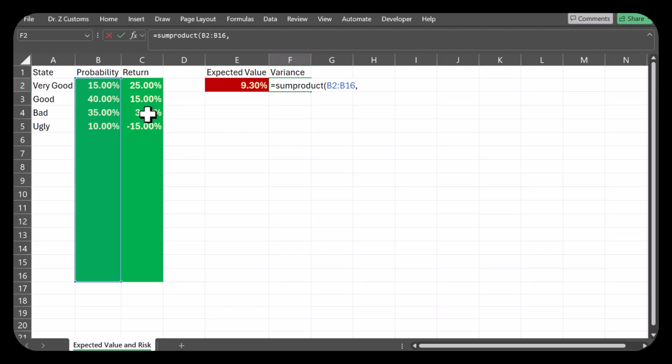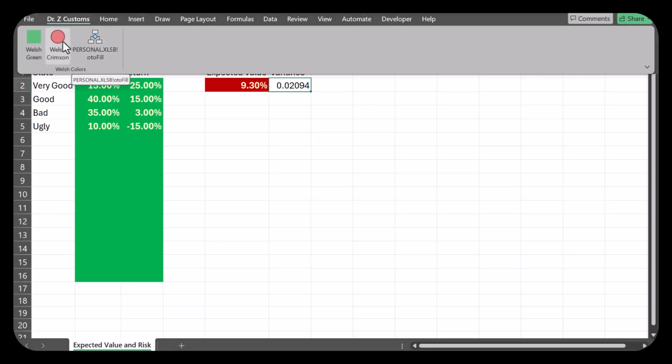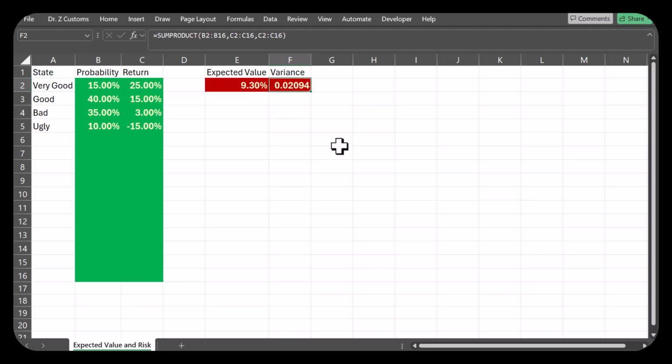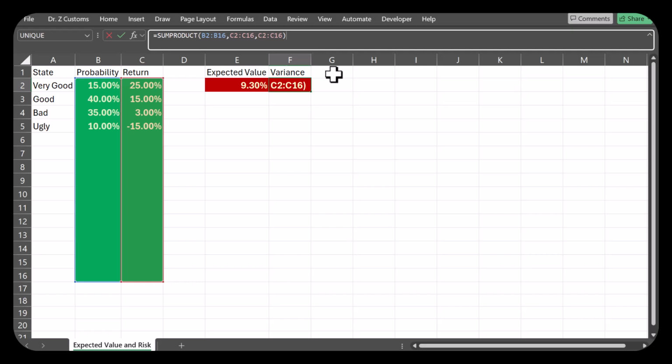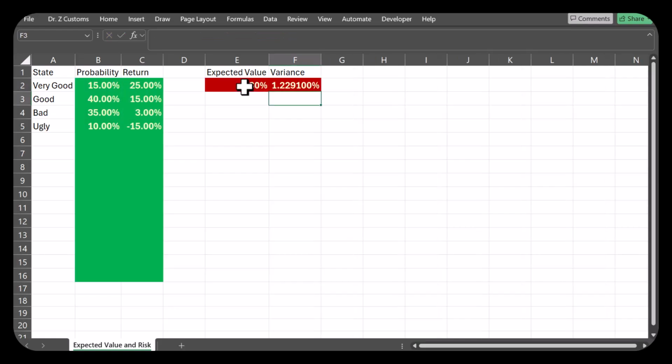If you have three columns, it's going to multiply the items in each row. Well, how do I calculate the square of something? I multiply it with itself, right? So in the SUMPRODUCT, I'm going to take the probability, the return, and the return again. This actually gives me the squares of the return. But of course, I want the variance, so I'm going to deduct the expected value squared.